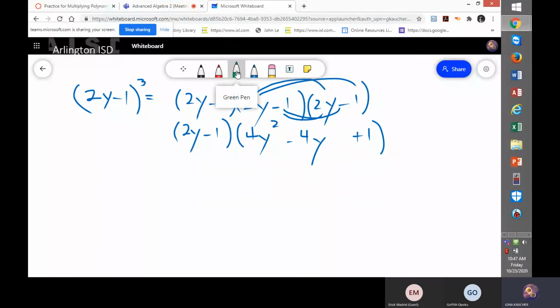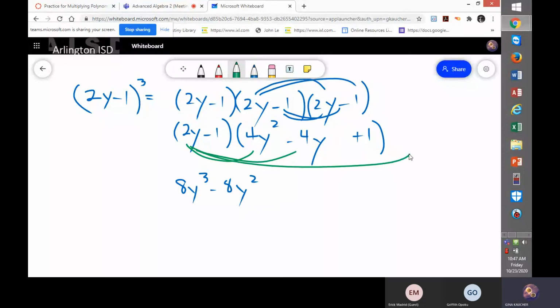Okay, then you have to do it all again. You have to take 2y times 4y squared, which is 8y cubed. And you have to take 2y times negative 4y, that's negative 8y squared. And you have to take 2y times 1, which is plus 2y. Okay, now you're going to take negative 1 times all 3 terms. So we have negative 1 times 4y squared is negative 4y squared.